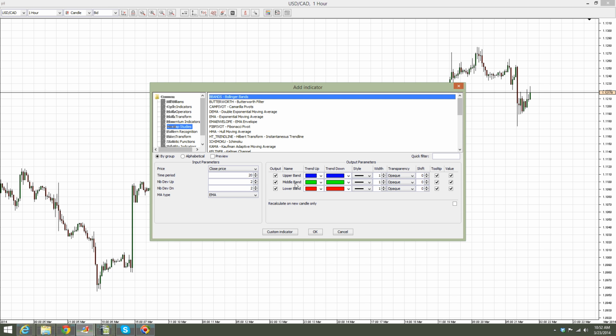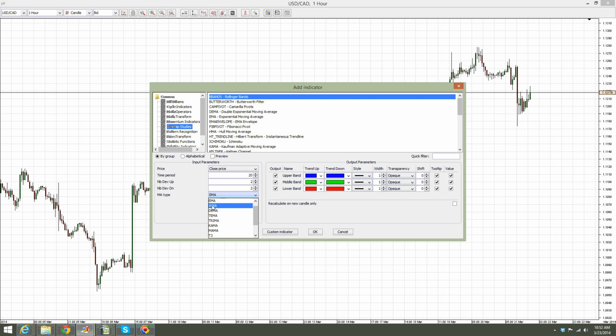The middle band is by far the most important one, and I would strongly recommend for everybody that uses Bollinger Bands when trading to use an EMA for the middle Bollinger Band, as you can see here. The middle band is actually a moving average, but it can be of different types.